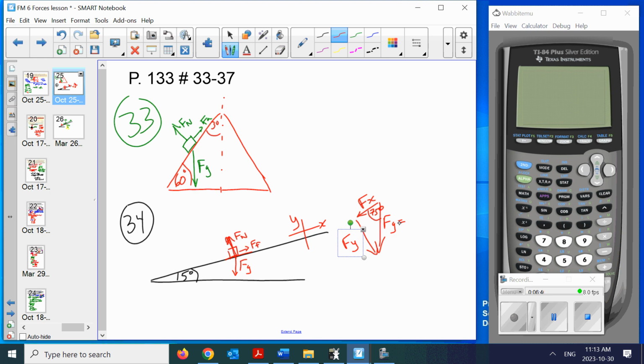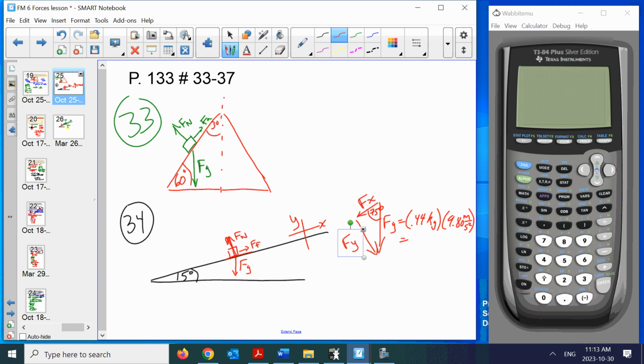Now, to figure out Fg, it's mass times gravity, so 0.44 times 9.8. We're taking an absolute value because it's 9.8. Can't do that in my head, so I'm going to go with 0.44 times 9.8. I'm going to go with 4.3.